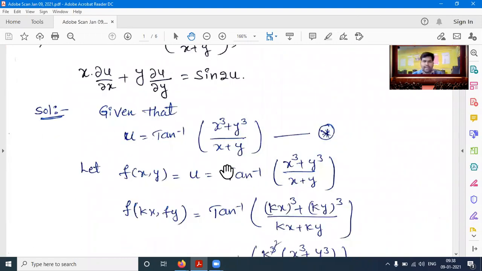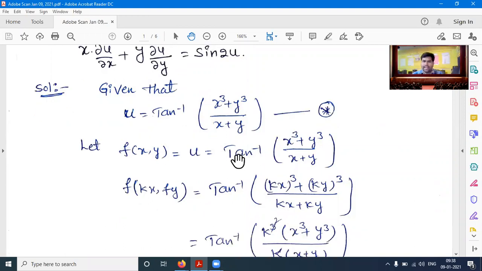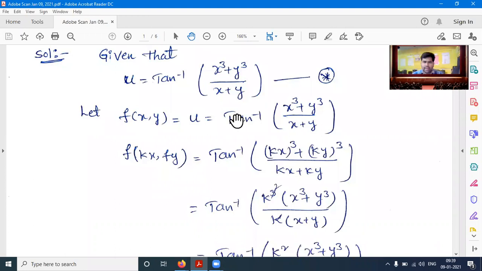So now we have to calculate the degree of the equation. Let f of x comma y is equal to u, that is equal to tan inverse of (x cube plus y cube) by (x plus y). Now we have to write kx in place of x and ky in place of y.